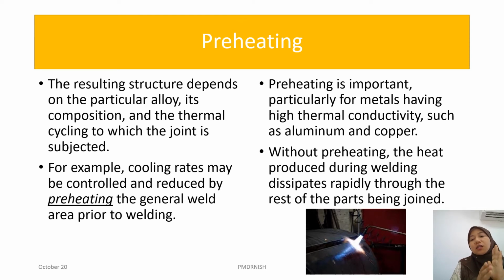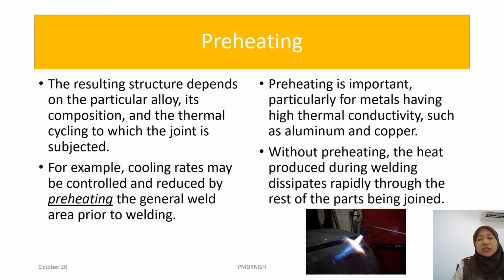So if you start the weldment from ambient or room temperature, because the rest of the base plate is cold, the heat will rapidly dissipate, being conducted away because the other part is cold.